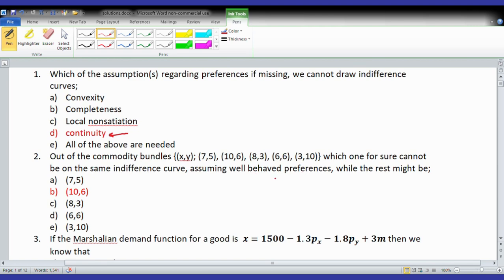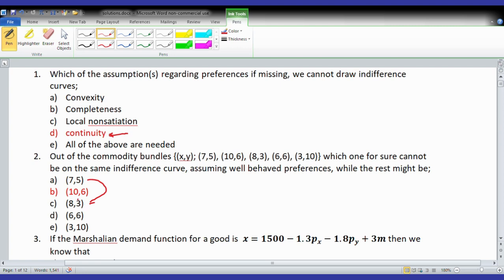Then see that out of the commodity bundles, which one for sure cannot be on the same indifference curve? So you needed to compare these different bundles. See that if we compare option A with option C, what is happening is that consumption of X increases, consumption of Y decreases, and so there is a possibility that they might be on the same indifference curve.